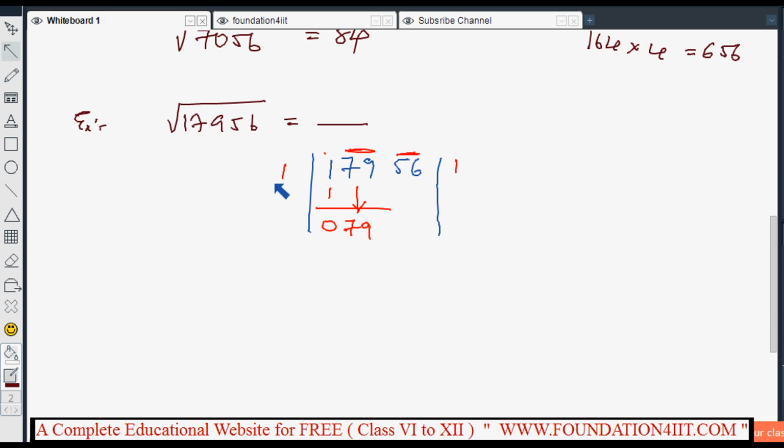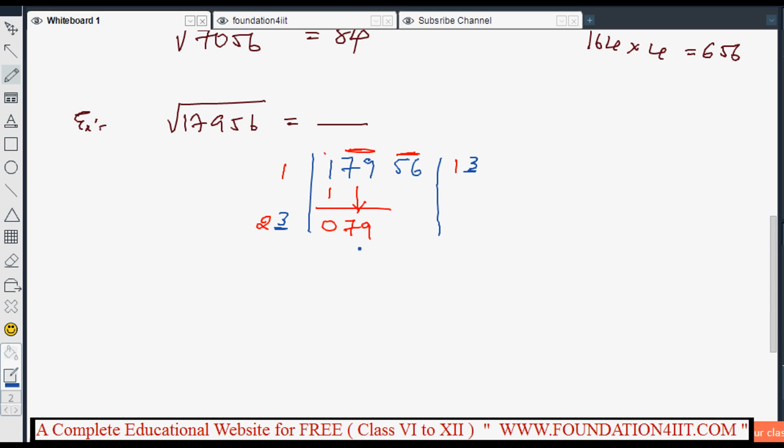According to our method, this number should be doubled. Here it is 1, so we make it 2. Doubling means into 2, which becomes 2. Then we need to check the number beside it. 2 and here also the same number, like 21 ones are, 22 twos are, 23 threes are.